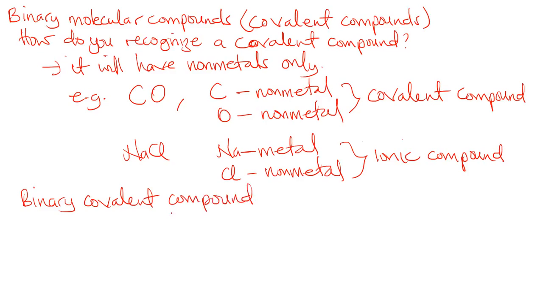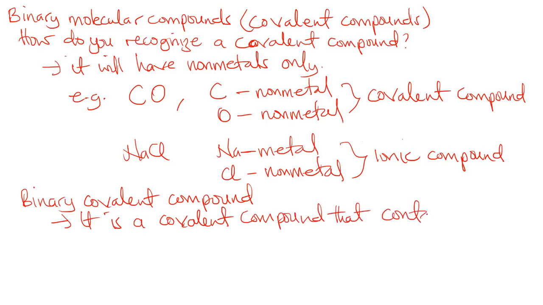So what is this binary covalent compound? So it is a covalent compound that contains two types of, because it's covalent, it should be non-metal elements.